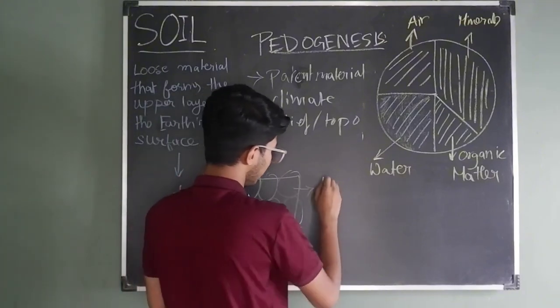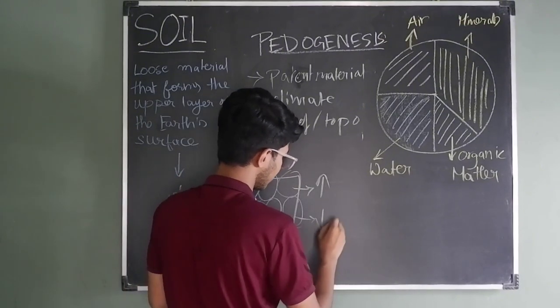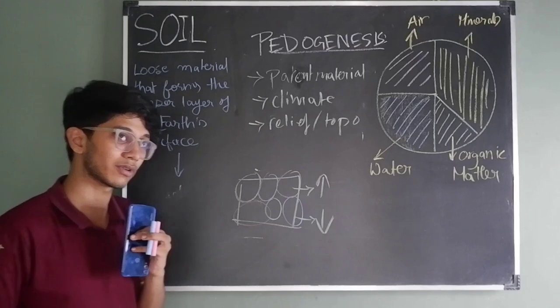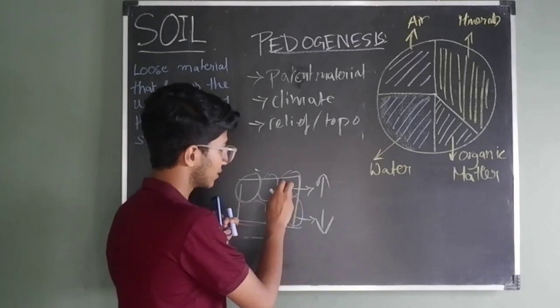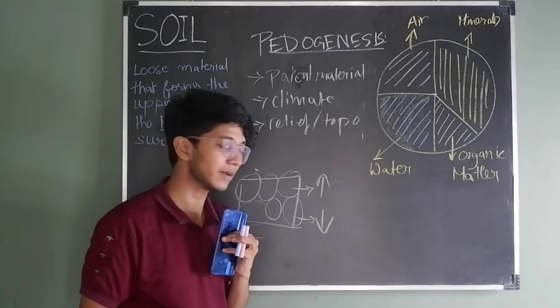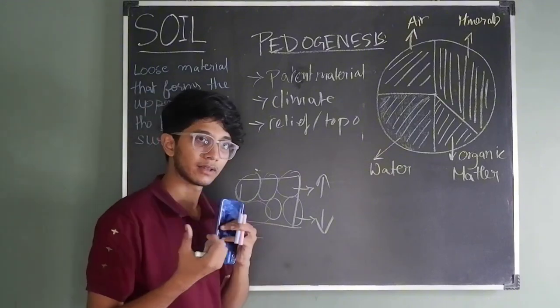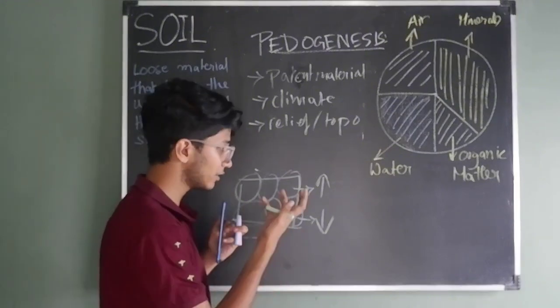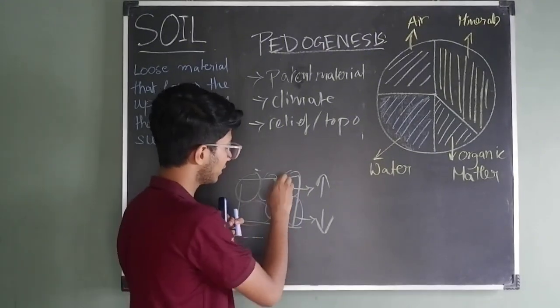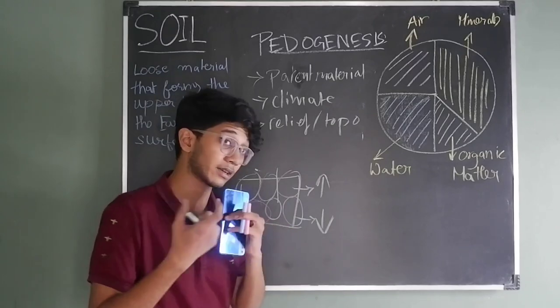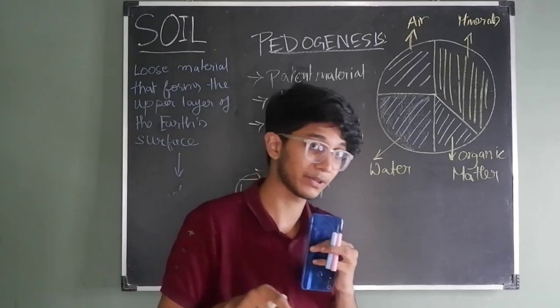Some might expand more, some might expand less. The one that expands more is going to push the rest of the materials, and that is going to bring up a crack, right? And when it contracts again, it's going to create a gap.